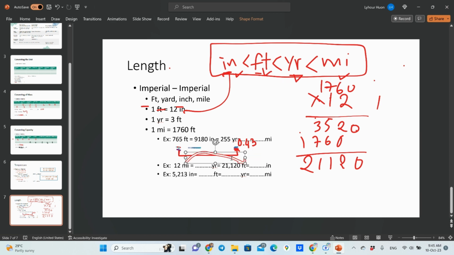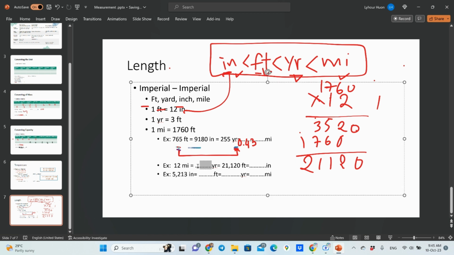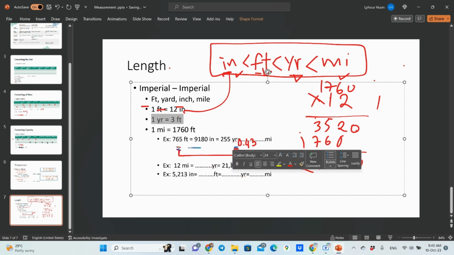Now we have the feet. Can we make it to yards? Can we convert to yards? Yes. Yes. Sorry, I have post notes.